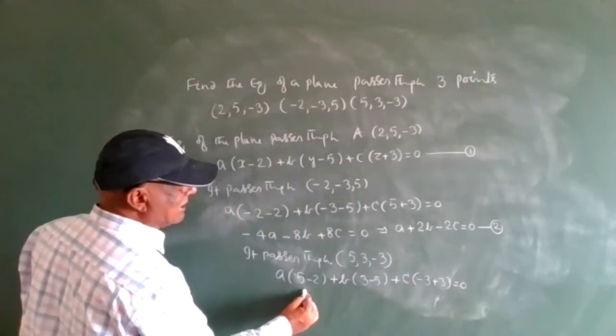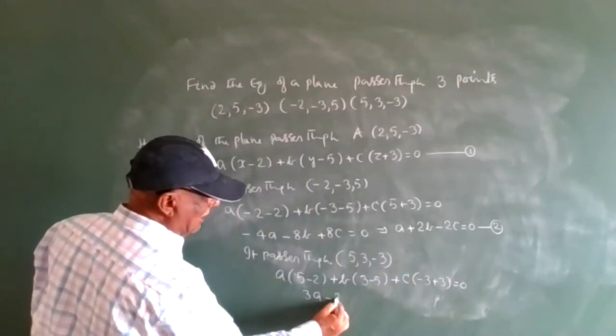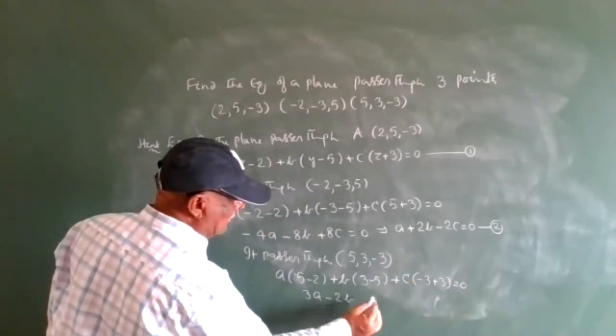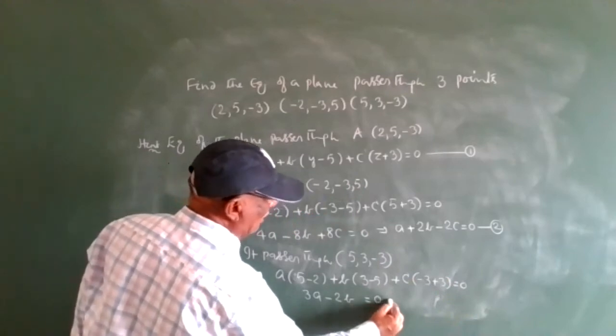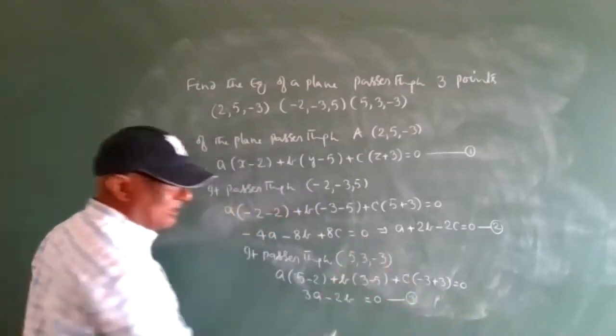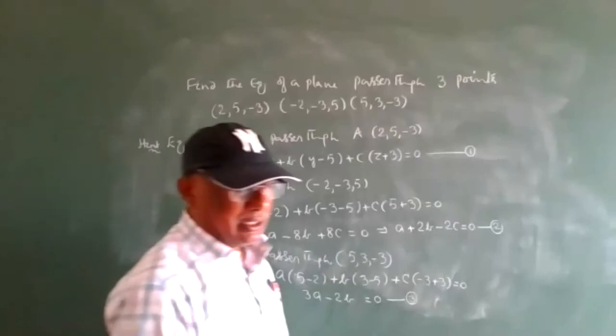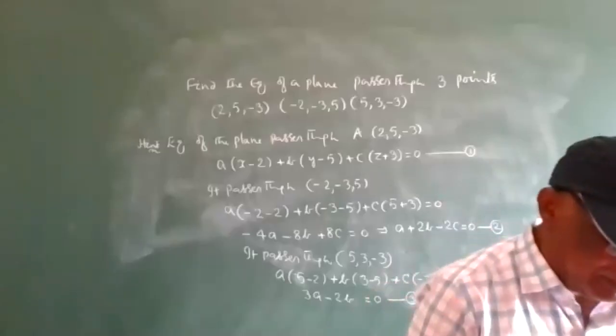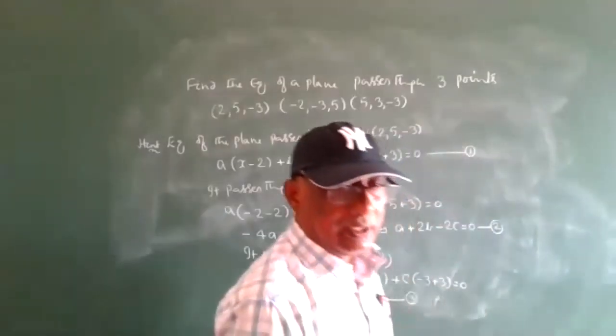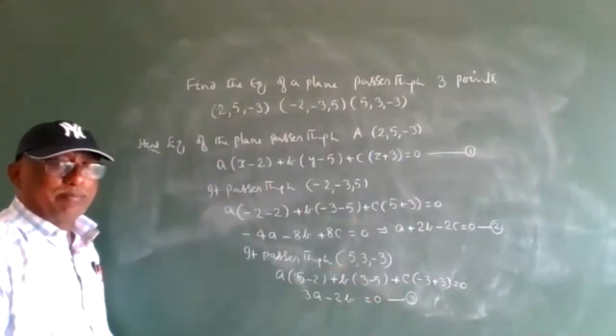From this equation, 3a minus 2b is equal to 0. Let it be the third equation.